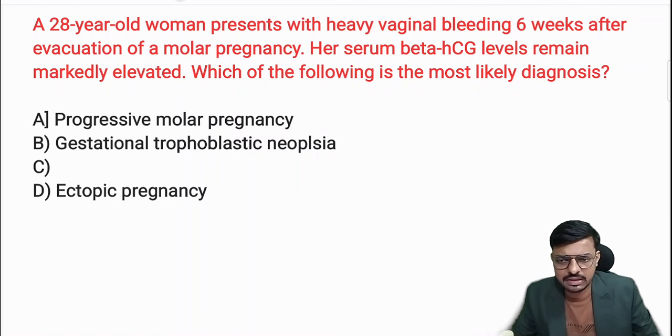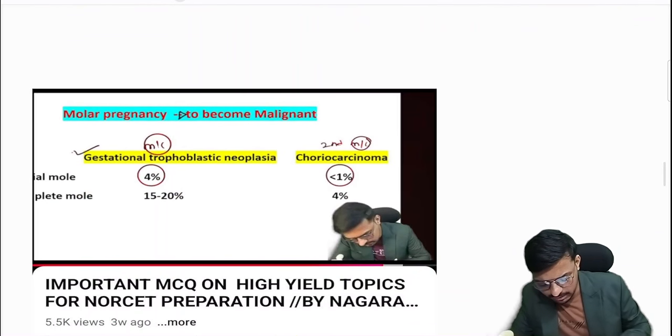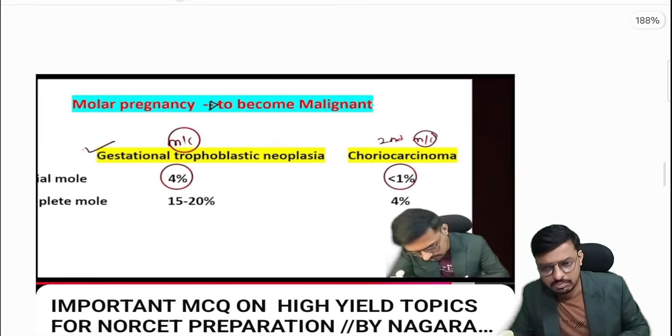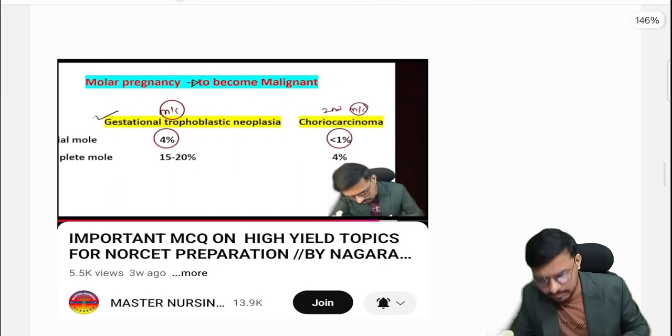A 28-year-old woman presents with heavy vaginal bleeding 6 weeks after the evacuation of a molar pregnancy, and her serum beta HCG level remains markedly elevated. Which of the following is the most likely diagnosis? This was the thing I have explained to you people. The molar pregnancy converts into gestational trophoblastic neoplasia.